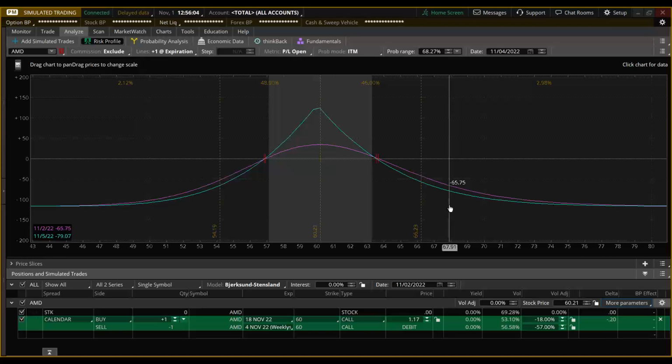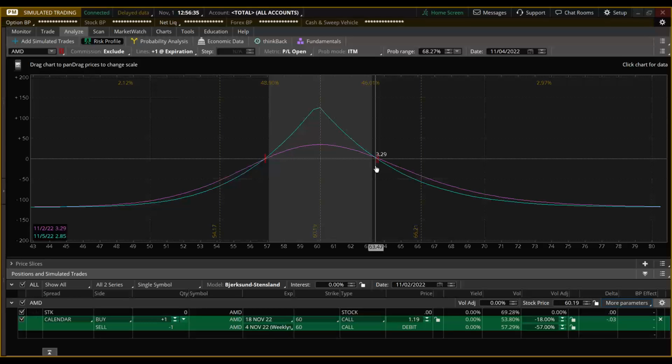So there is the AMD. It looks like if IV crushes similar to last quarter, there's profit available in this trade if the stock stays above $56.91 or below $63.54. I'm just reading down here.